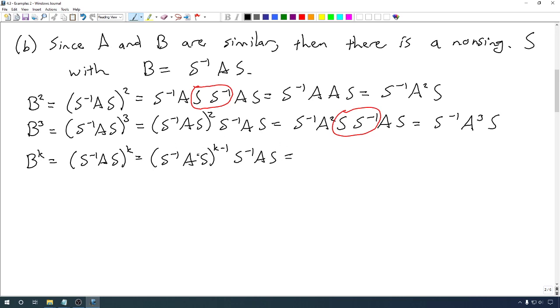We assumed it worked for k minus 1, so we can actually move that k minus 1 to the A. And now, once again, we have this S times S inverse. We can turn that into a 1, and then we can combine the A to the k minus 1 times A to get an A to the k.